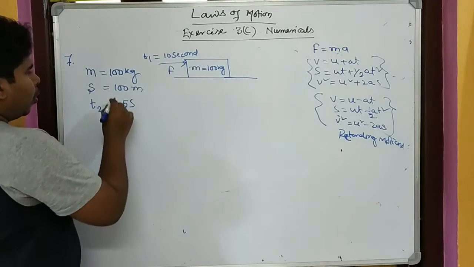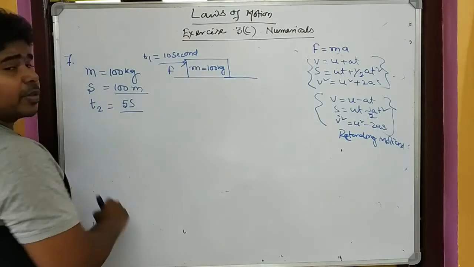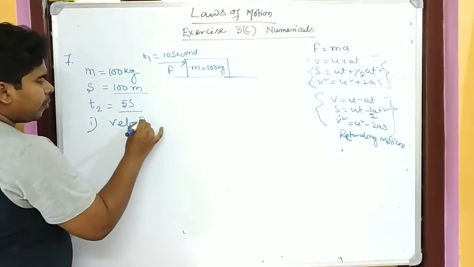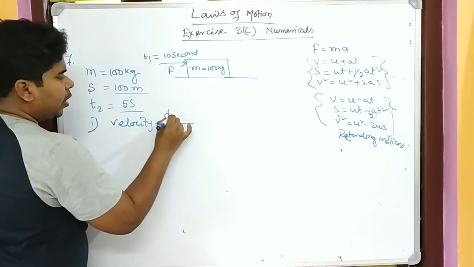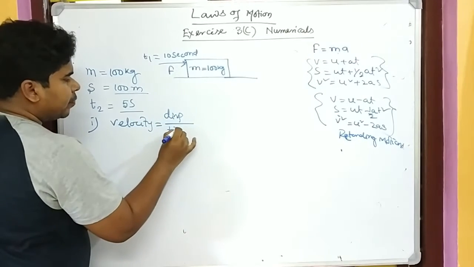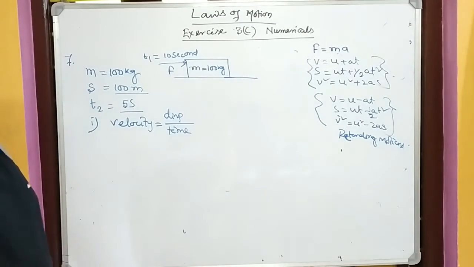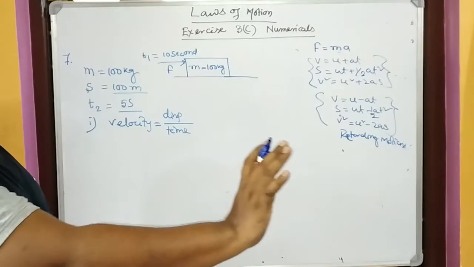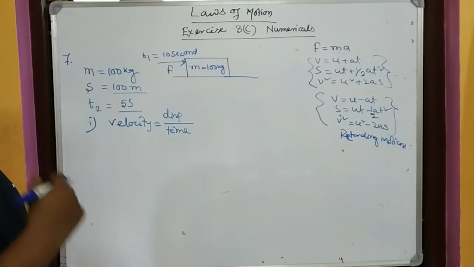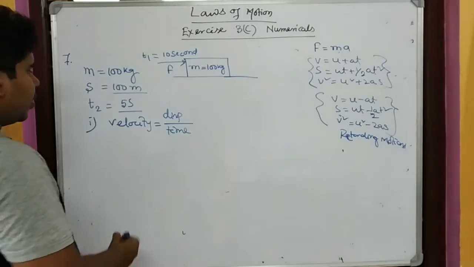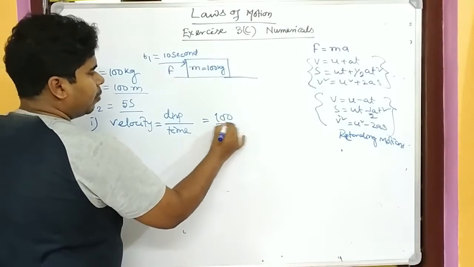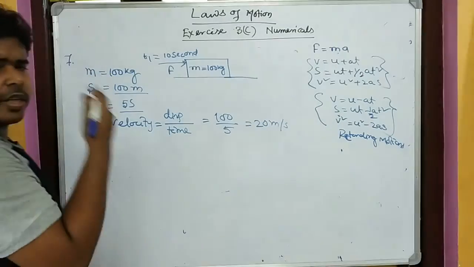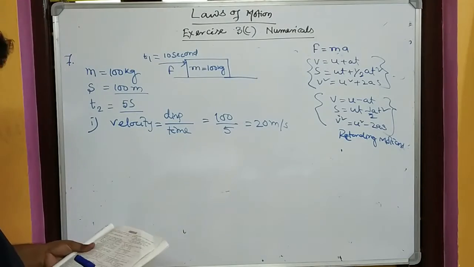So velocity equals displacement by time. No force, no acceleration is mentioned here, only that the body is displaced by 100 meters in 5 seconds. So the velocity will be 100 by 5, which is 20 meters per second. Very easy.